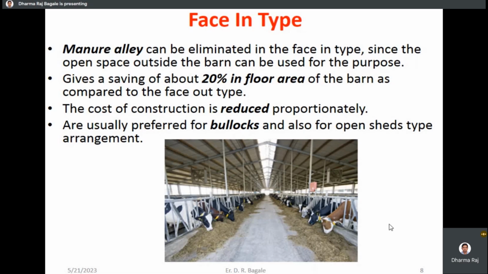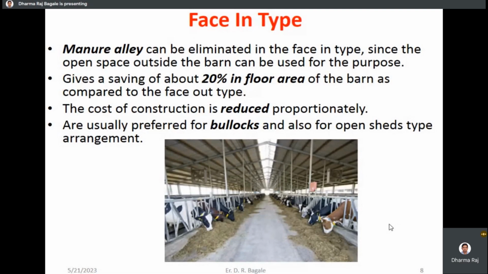And here in this system, the gutters or the manure alley is outside of the shed, outside of this protected shaded area. So the central manure alley is eliminated in this design, and the common manger alley is provided for feeding the animal.